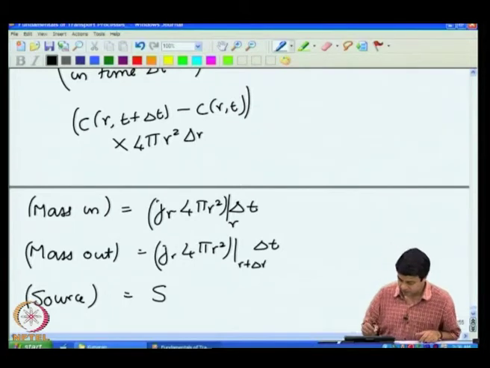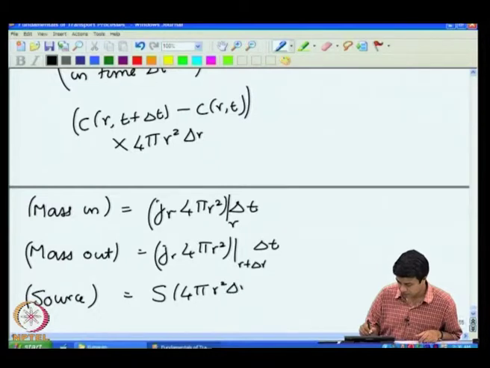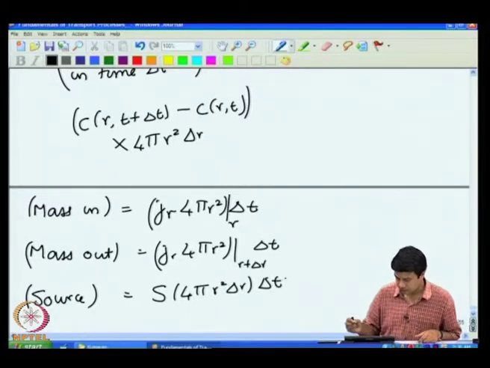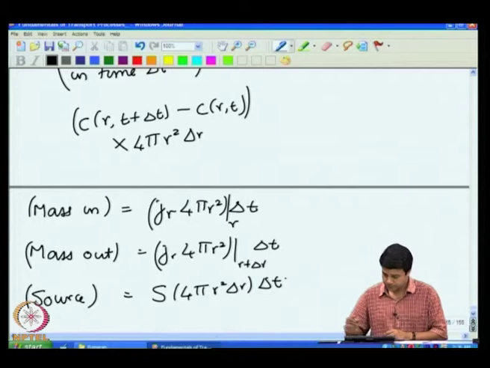So, S times volume 4 pi r square delta r times delta t.